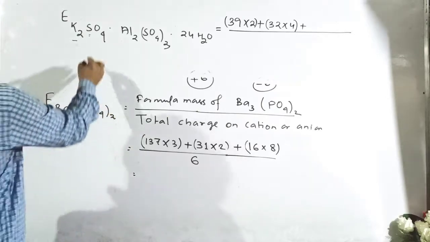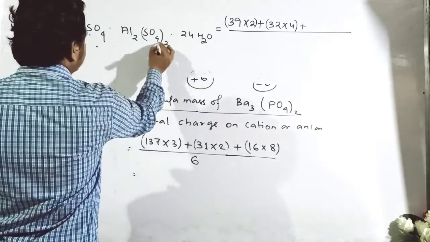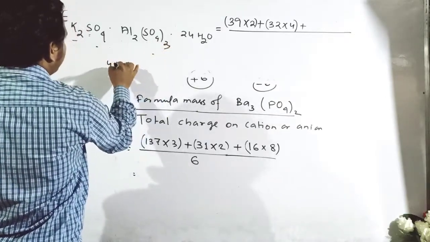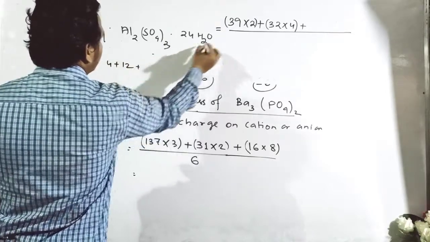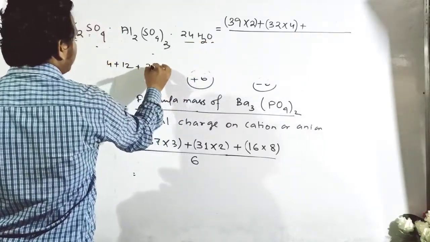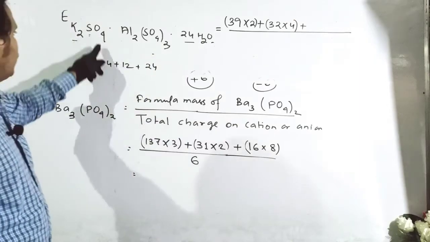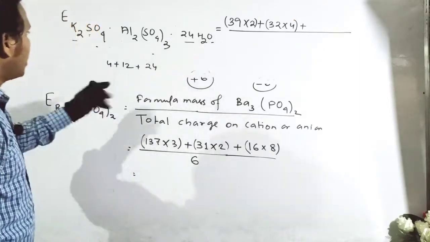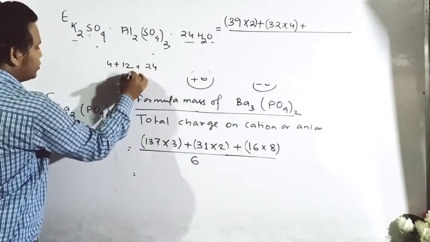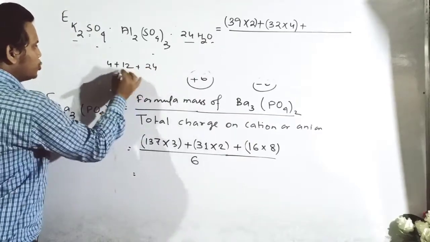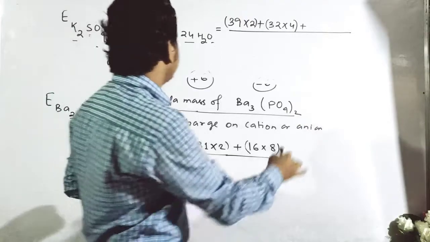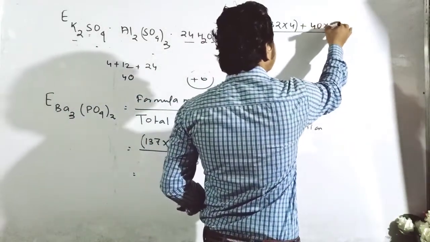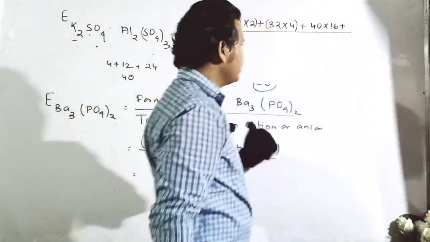How many times? 4, 4 3s are 12, and here 24 oxygens. Total 12 plus 24 plus 4 is 40 times. So 40 into 16, the mass of oxygen.